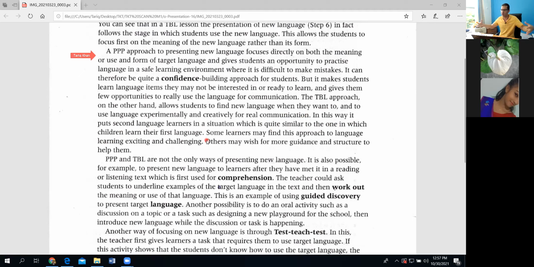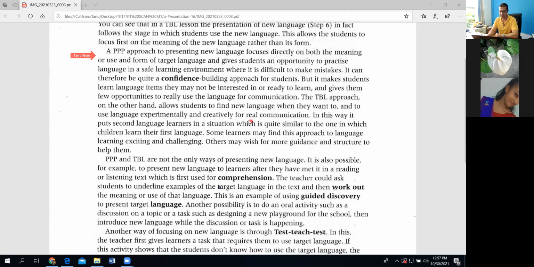Now, if you see, when they are going to do the discussion on it, it's the same way we learn our first language. We are openly talking about that and using it. So a similar kind of situation is created here in the TBL method, which gives students the opportunity to speak openly and use whatever they know about communication.